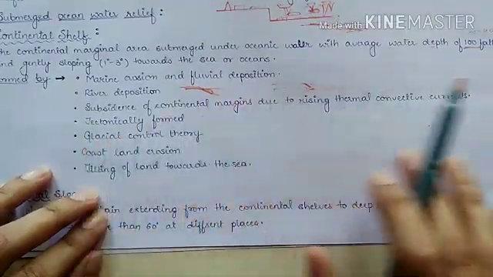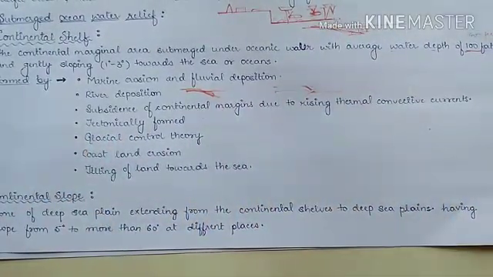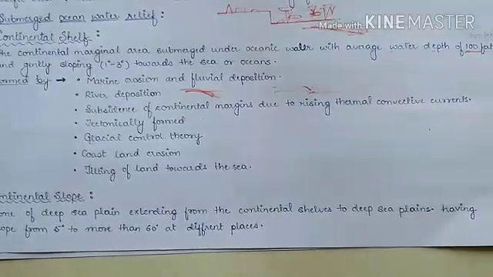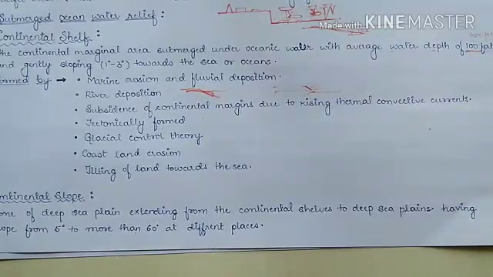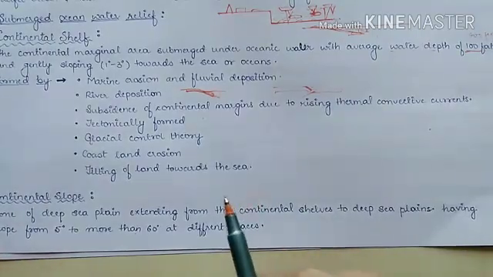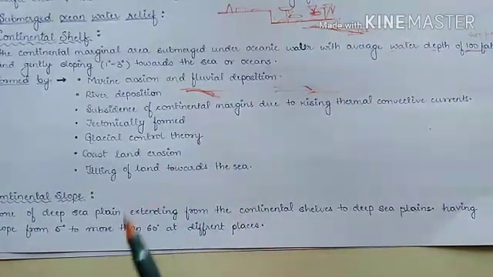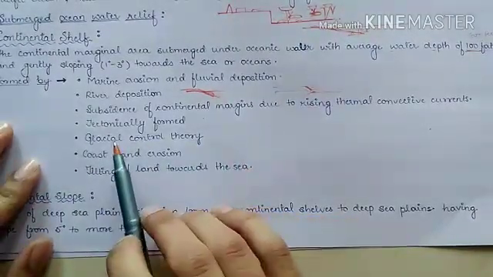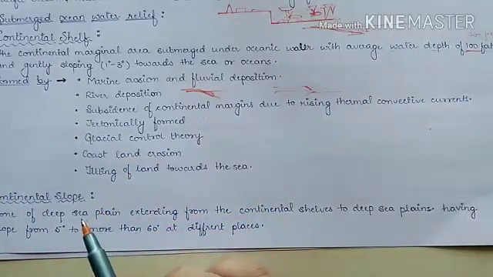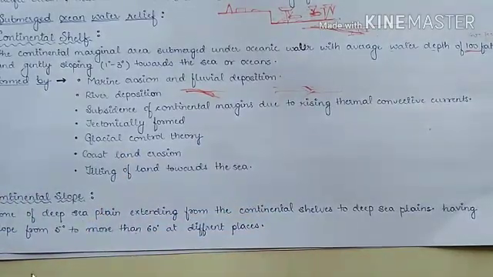Then we have glacial control theory. Glacial control theory states that the continental shelves are formed through marine erosion of the continental margin when the sea level falls. This occurred either during the ice age or during the subsidence of the oceanic floor. So during the ice age the sea level falls, or during the subsidence of the oceanic floor the sea level falls.